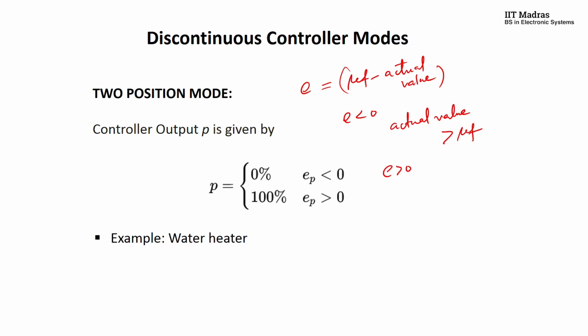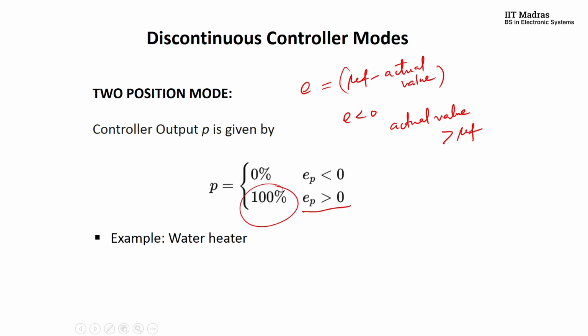So what do you do in such cases is what we need to understand here. If the error is less than 0, then you switch the controller to 0%. If the error is greater than 0, then you switch the controller to 100%.